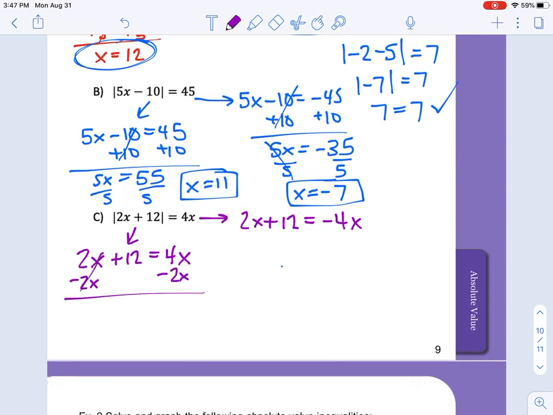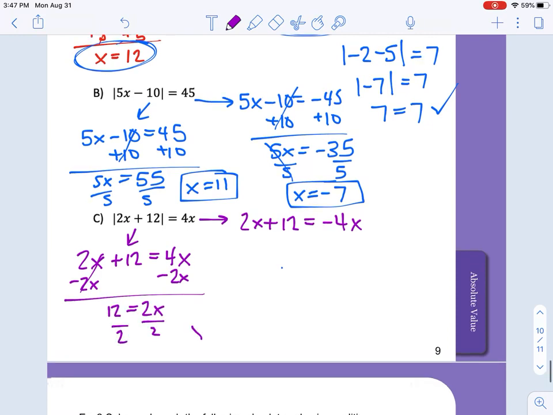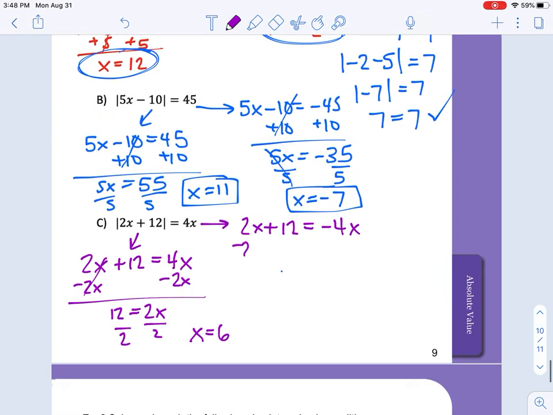Go ahead and solve for x. x will end up equaling 6. And x will equal negative 2.